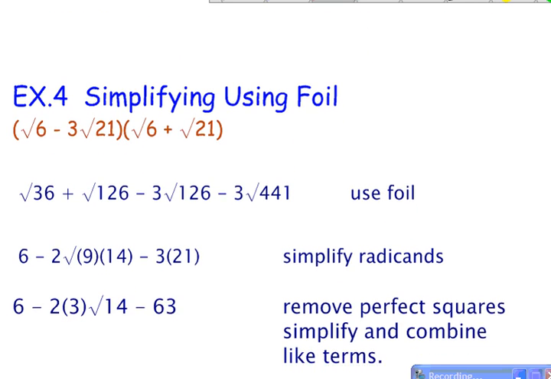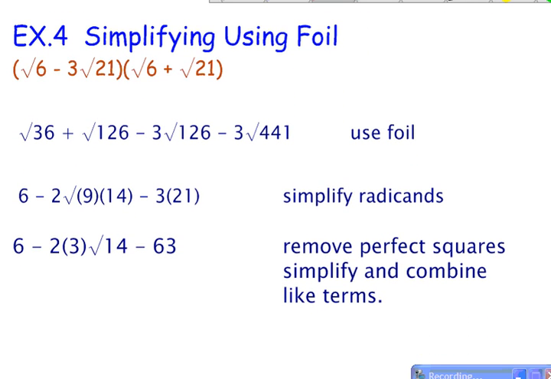Okay. Example 4, we're going to look at simplifying using FOIL. I have radical 6 minus 3 radical 21 times radical 6 plus radical 21.